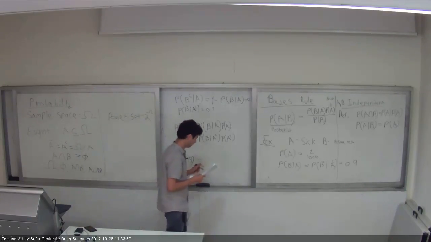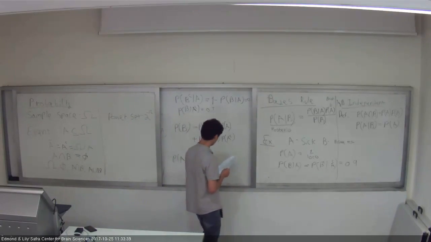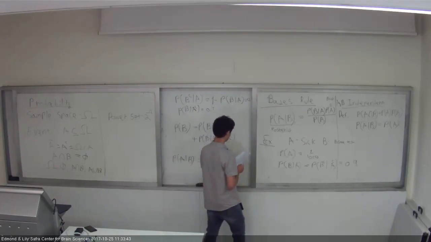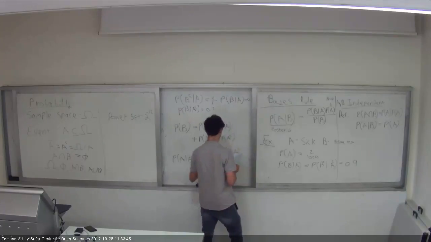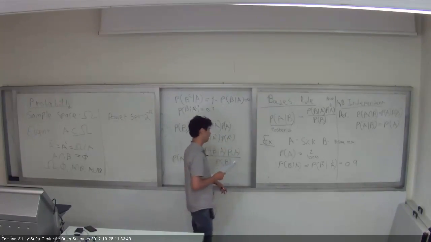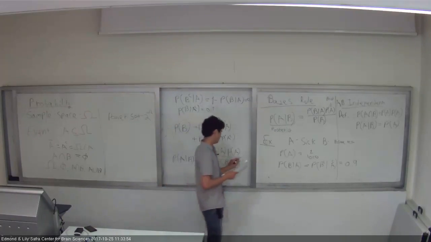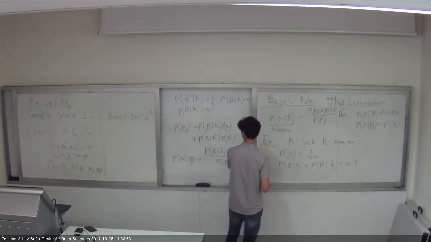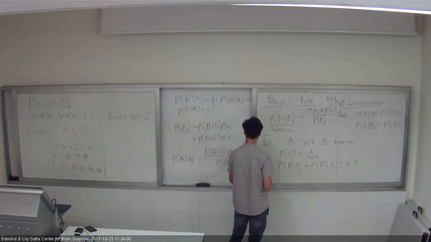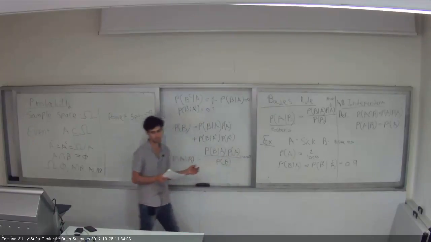By Bayes' rule, we know that this is equal to P of B given A times P of A divided by P of B. And we know all these probabilities, and if we substitute them, we can see that it's approximately 0.009.